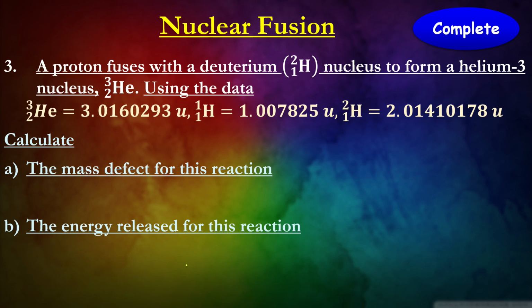Alright, the last one we have is a proton fused with deuterium, which is hydrogen 2, to form helium-3. Using the following data that we have here, find the mass defect and find the energy released. Again, pause this video here if you want to have a go yourself. If not, let me now explain.